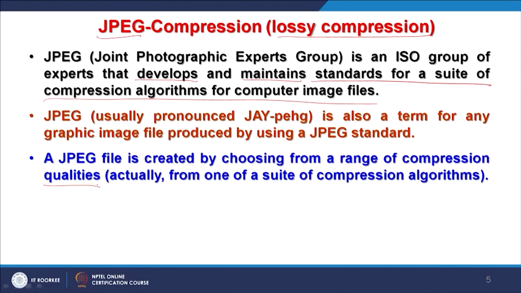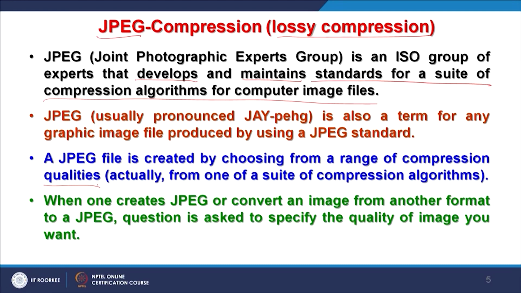So, there is a definite trade-off in choosing a file format, and especially if the file format itself is compressed, then one has to be very, very careful, because quality matters in many applications. So, one has to keep this in mind.